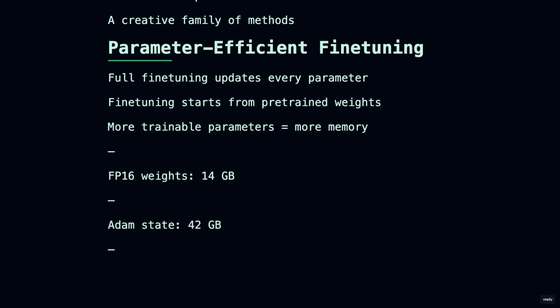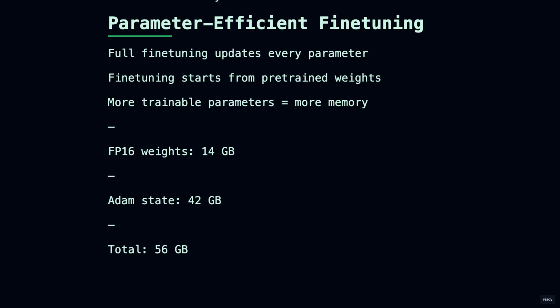Now we combine the pieces. This is where full fine-tuning starts to become impractical on ordinary hardware. Add the weights and optimizer state together, and you get 56 gigabytes.